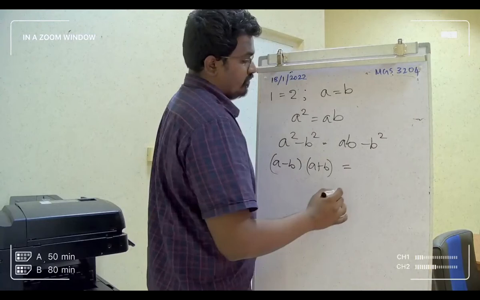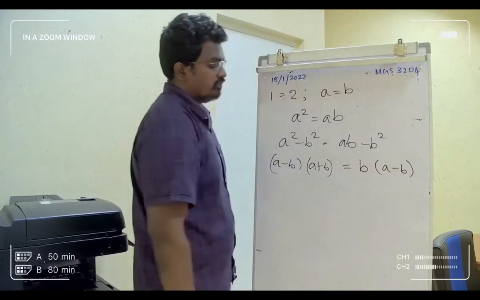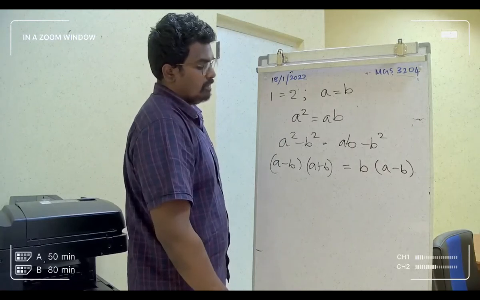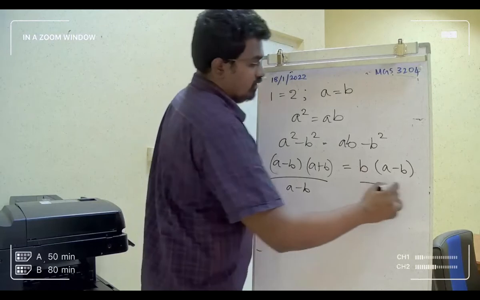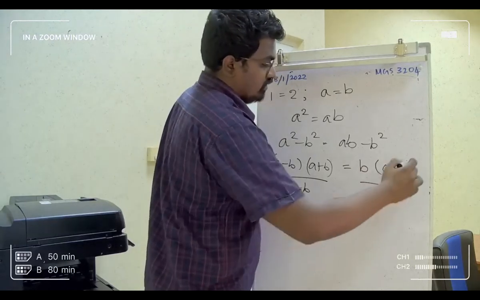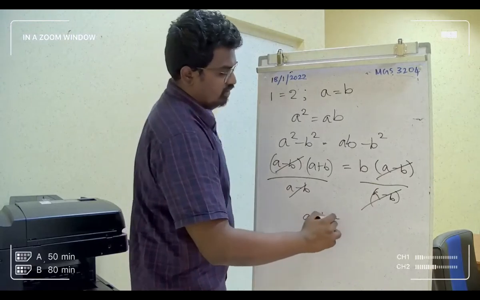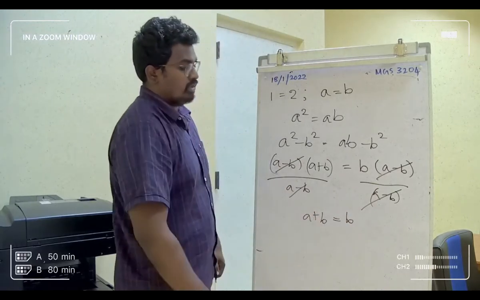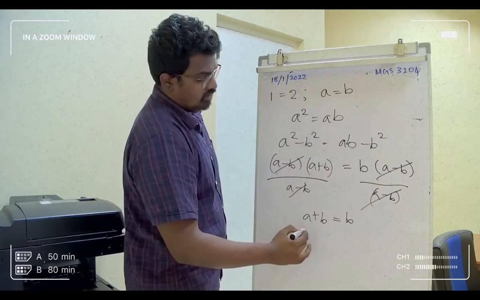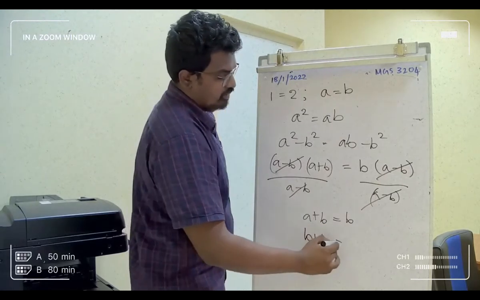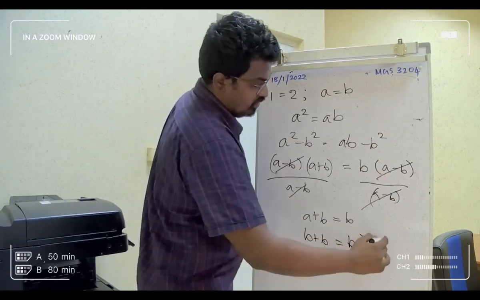We can take b out, and then we can write it as b times a minus b. Okay, and then I can divide both sides by a minus b. So then this will be cancelled out. So I have a plus b equals b, and then since a equals b, I can write it this way as b plus b equals b, which means 2b equals b.